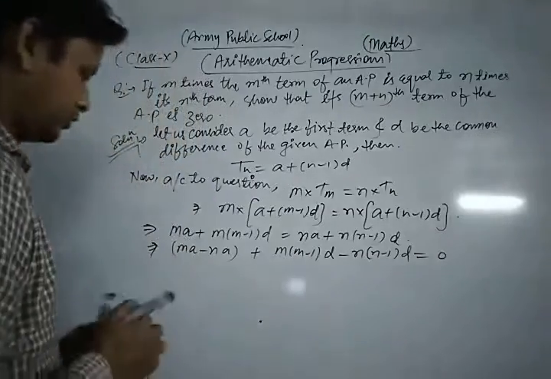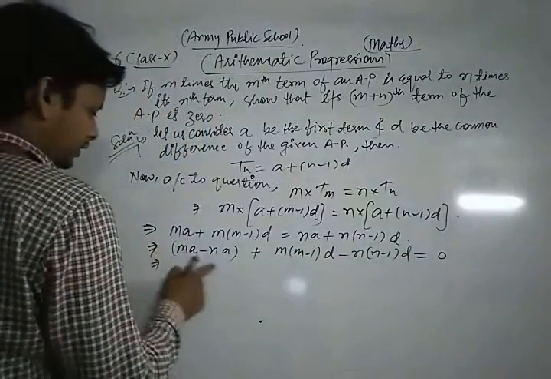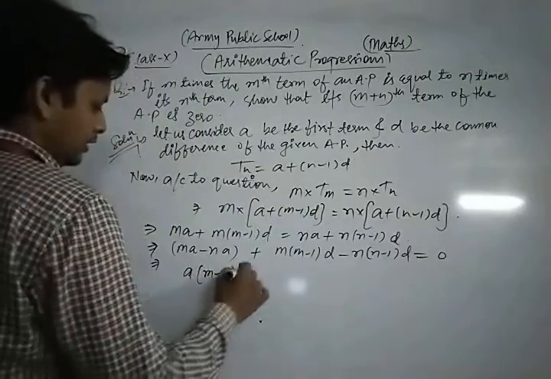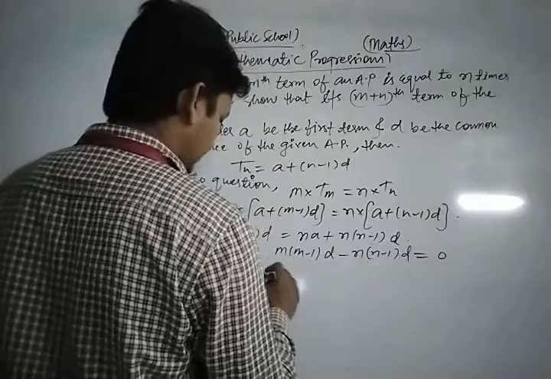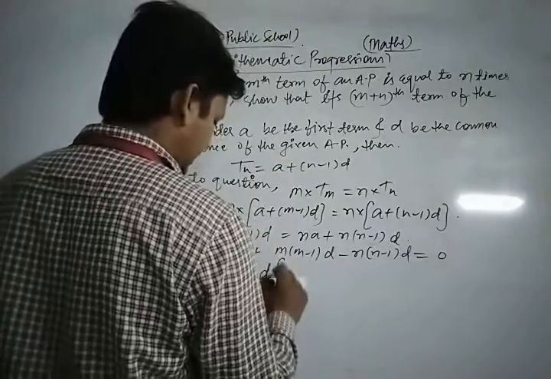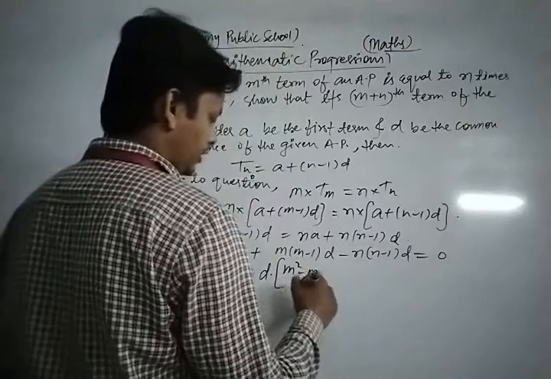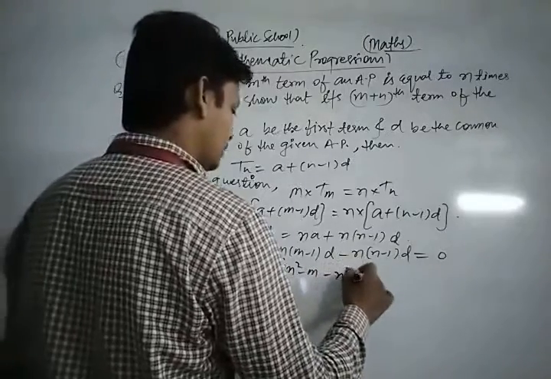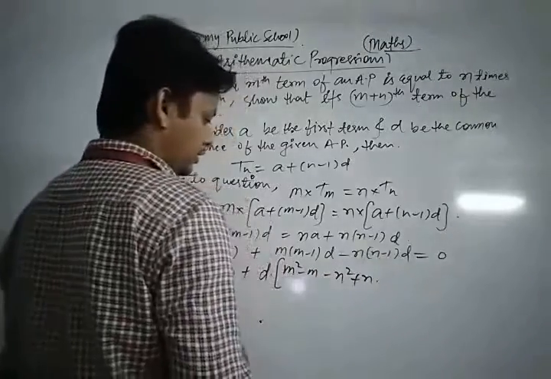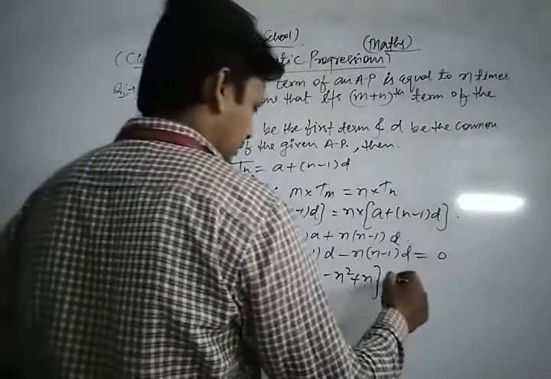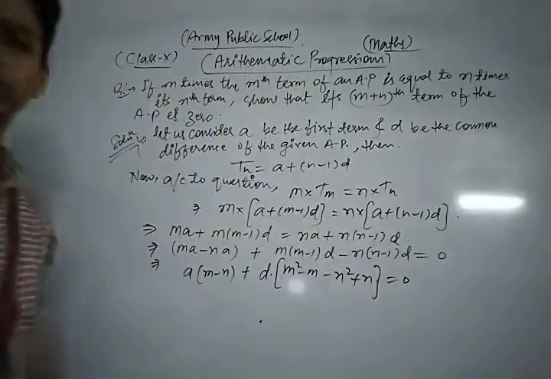Now look, from these two terms we take a as common, so we have m minus n, plus from these two terms we take d as common, so we just multiply them. This is m square minus m, okay? Now here minus n square plus n. And this is equal to 0.